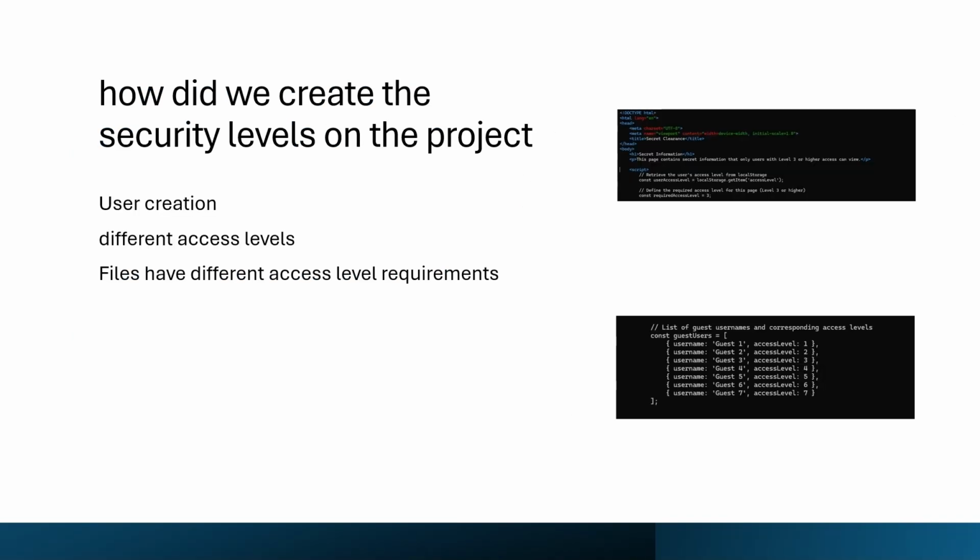Going on to the next slide, how did we create the different security levels on the project? The first step was to create the users. After creating these users, you can see we gave each user an access level from 1 through 7, 7 being the highest and 1 being the lowest.